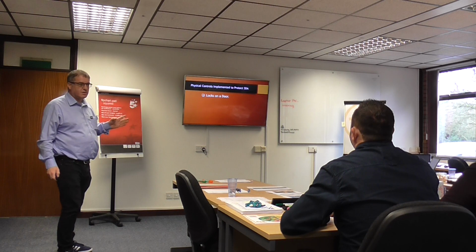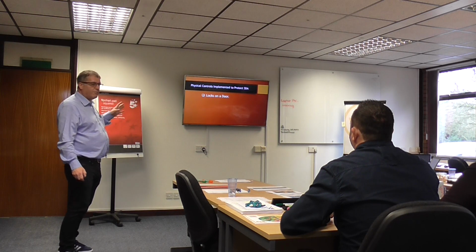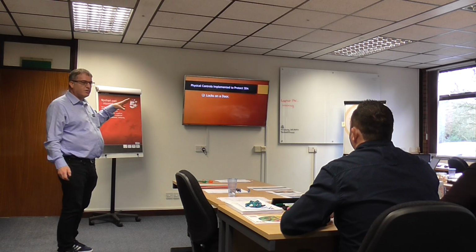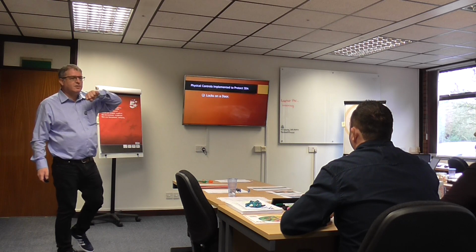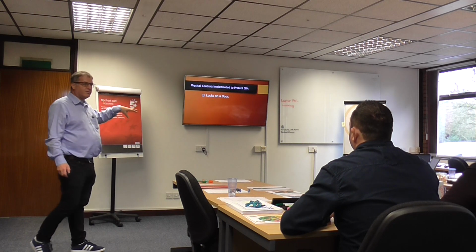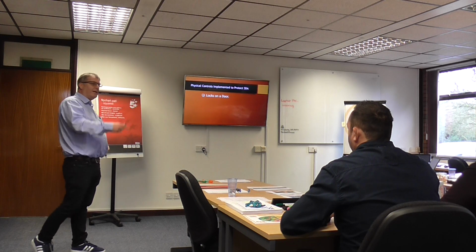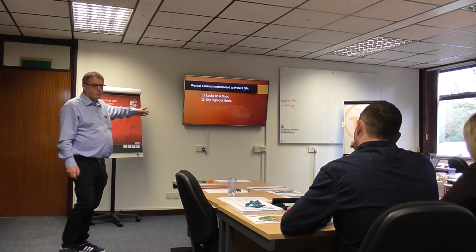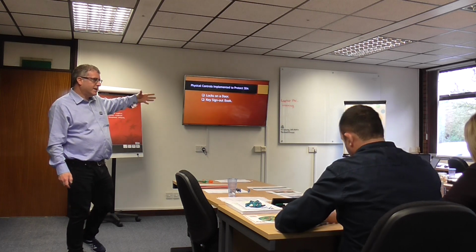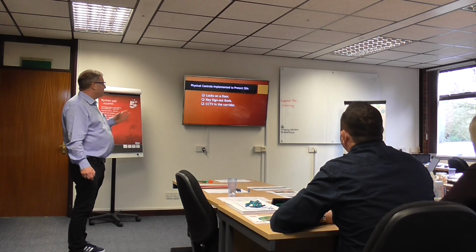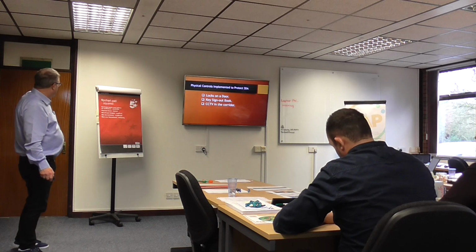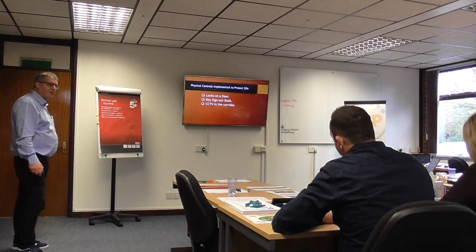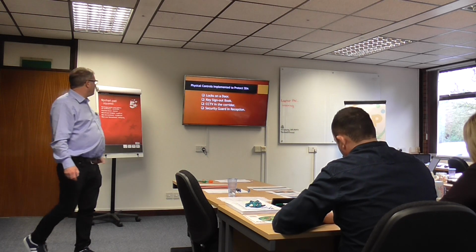So, just to go over again, the physical controls that we can put around this data that's in the corner of the room. We spoke about locks, which is good. So we put a lock on the filing cabinet, a good strong lock on the door. We spoke about the key signing out. CCTV in the corridor, so you might have something pointing out so you can see who's walking down the corridor, and you might want to record that.